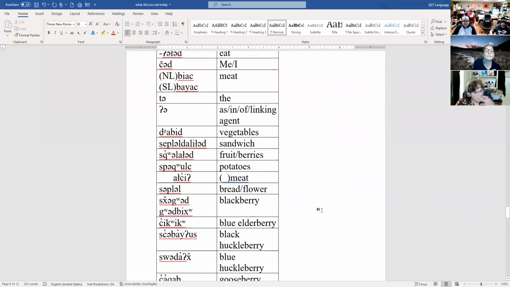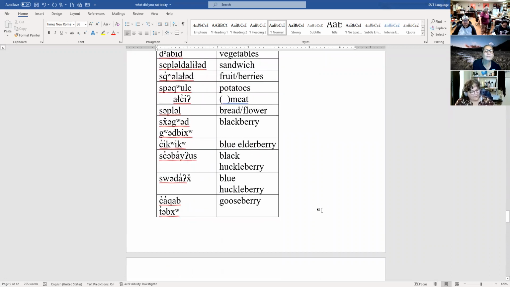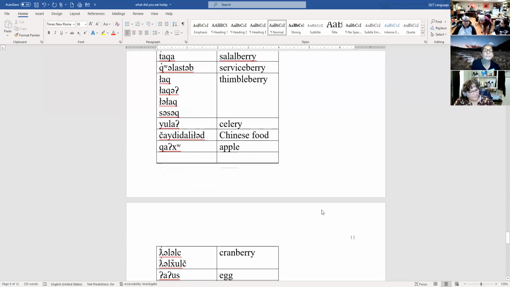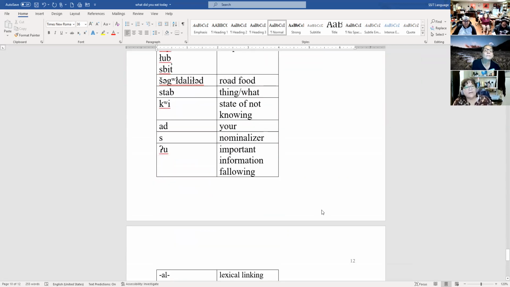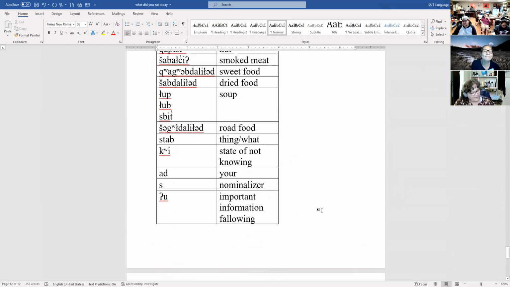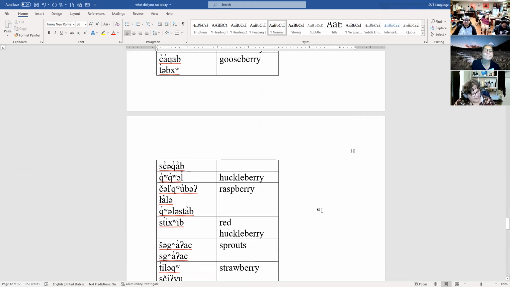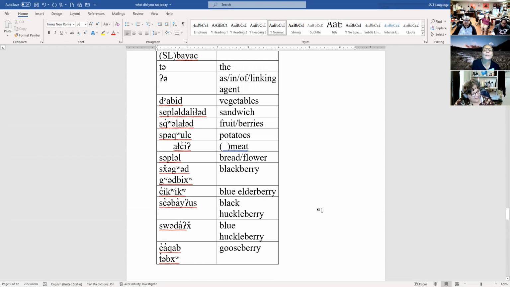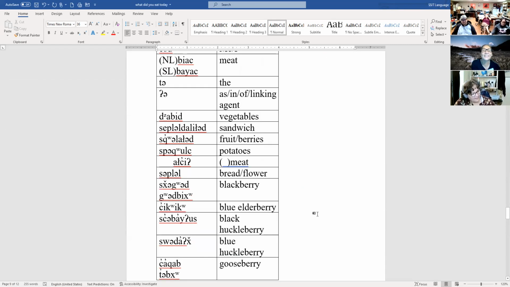All right, here is a bunch of nouns of the things we can eat. So there's blue elderberry, black huckleberry, blue huckleberry, gooseberry, blackberry, bread, flour, potatoes. That's just one of the seven potatoes that are above us.